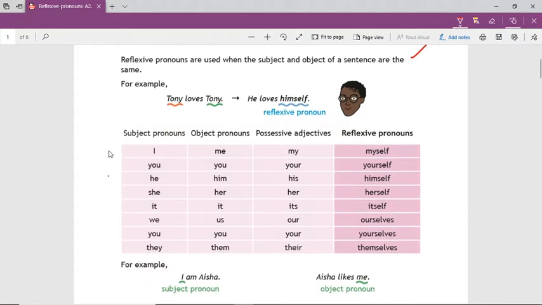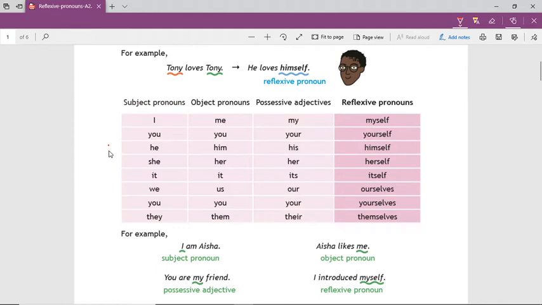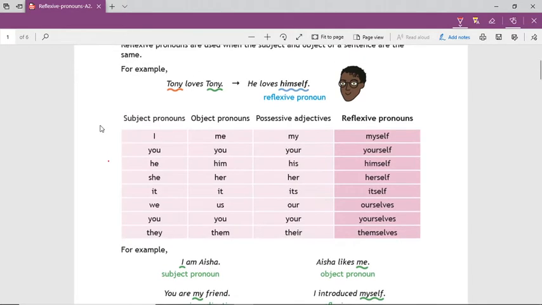And here are some examples of how we convert the subject pronoun, object pronoun, and possessive adjective into a reflexive pronoun. If you're talking about I, the self, the individual, you first of all might say I. So you could say I am going to the shop, or another way of saying that is I went to the shop myself at the end.